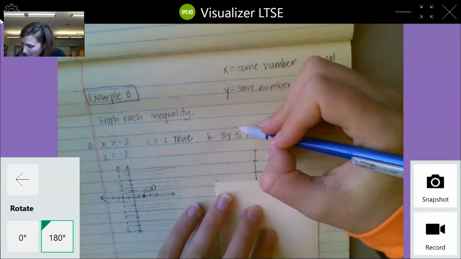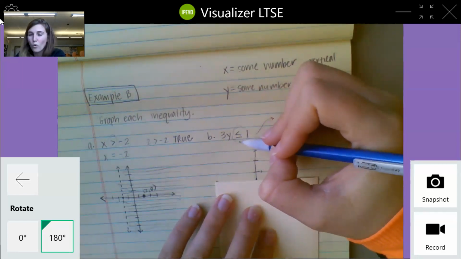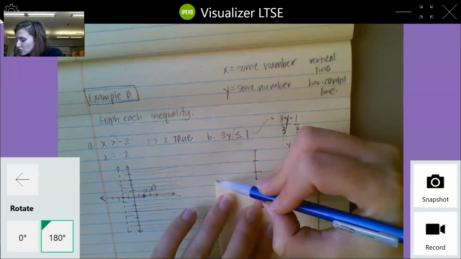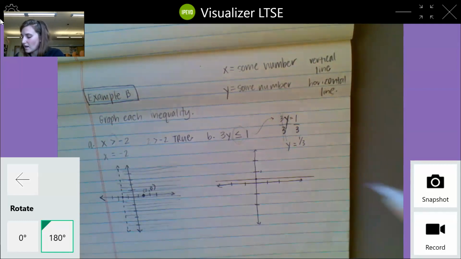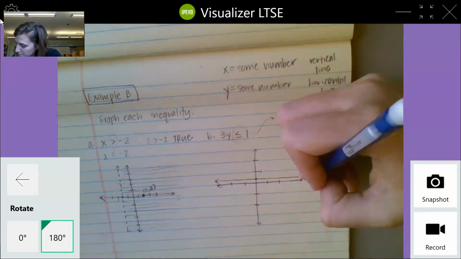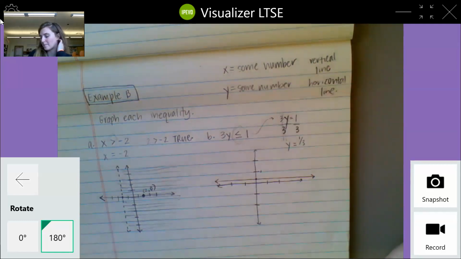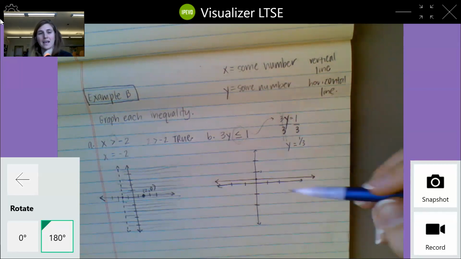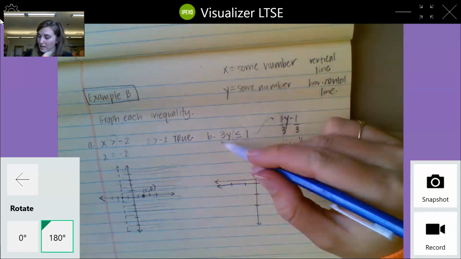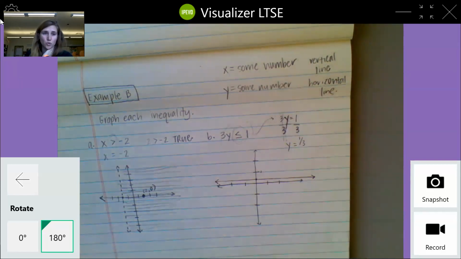And since now I have less than or equal to, I can do a solid line. And then my last step is to test a number not on the line, so either above or below, and test to see if it works in the inequality. If it's true, that's the area I shade. If it's false, then I shade the opposite area.